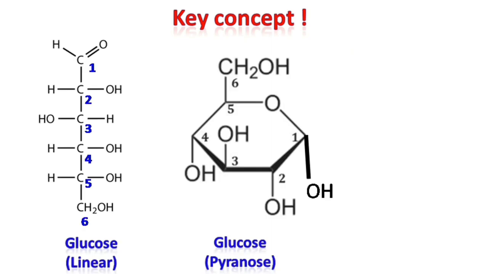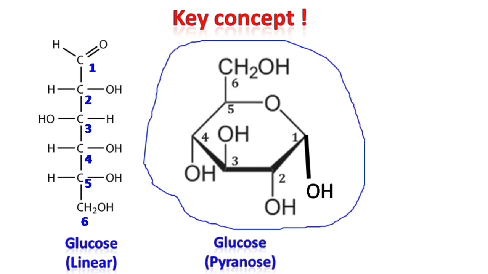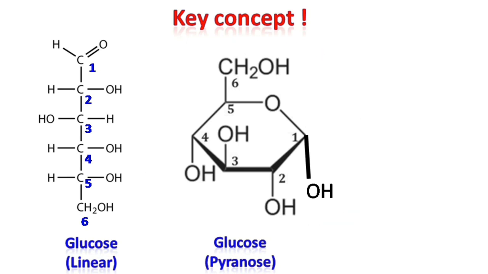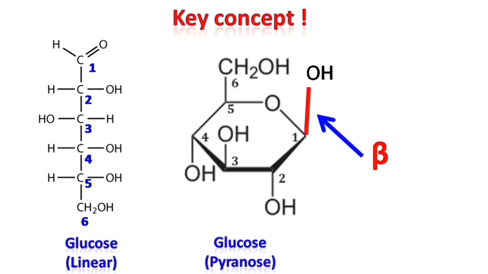Now take a pause and look carefully. As far as the structure of disaccharide is concerned, they are represented in pyranose or furanose form. If you have a structure of glucose, glucose would look something like this, and this is the alpha glucose, while this is the beta glucose.